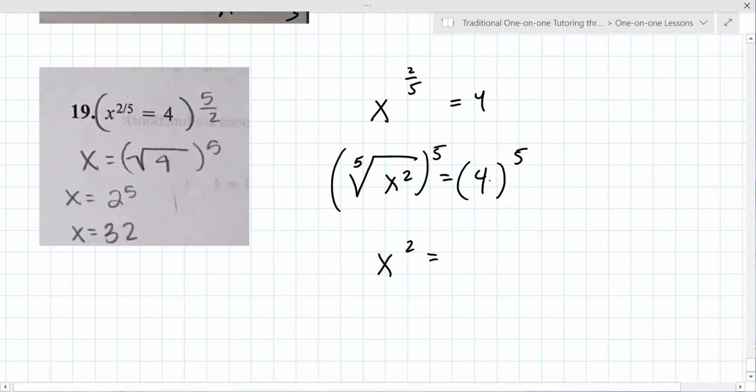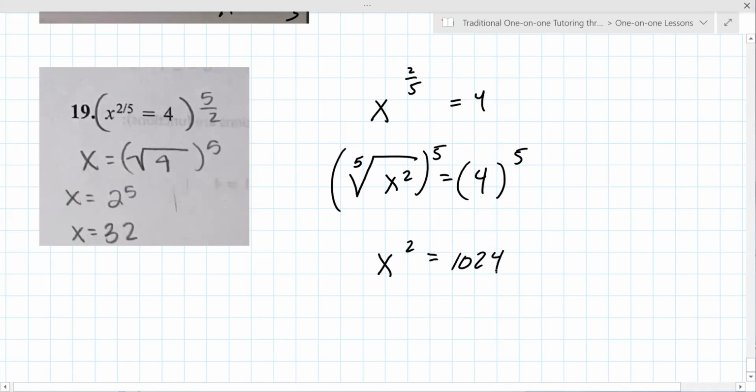So x squared equals 4 to the 5th power. Oh, geez, I believe that's 256. Let me check. Losing my mind here. 4 to the 5th is 1024.